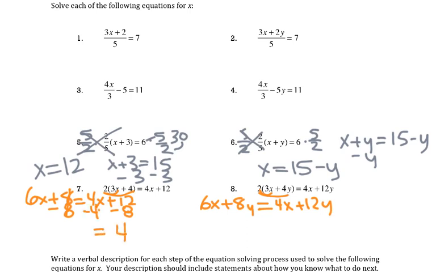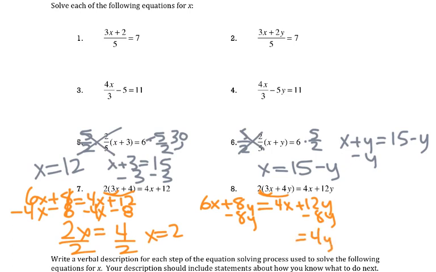Then I subtract 4x from both sides, and that gives me 2x, divide by 2, and x equals 2. I can do the same thing here, subtract 8y, and I get 4y, subtract 4x, and I get 2x, divide by 2, and I get x equals 2y.